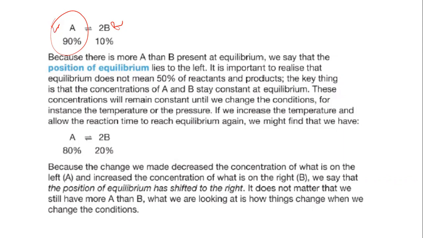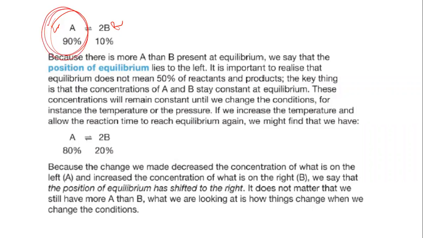Okay. So basically, what I was explaining to you over here is that I have 90% of my reactant A and I have 10% of product B. So in this situation, you can see we have a lot more reactant as compared to the product. So when I'm talking about the equilibrium, I can say that the equilibrium is towards the left.